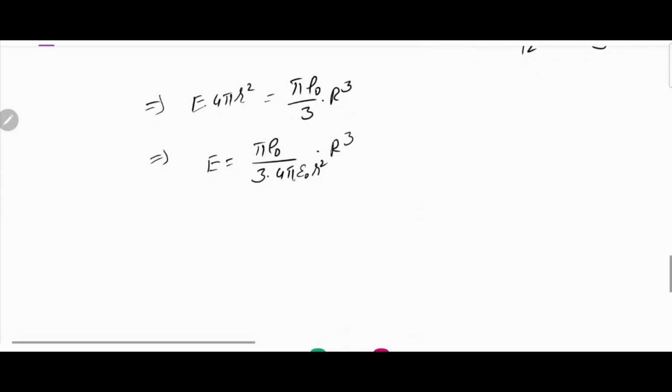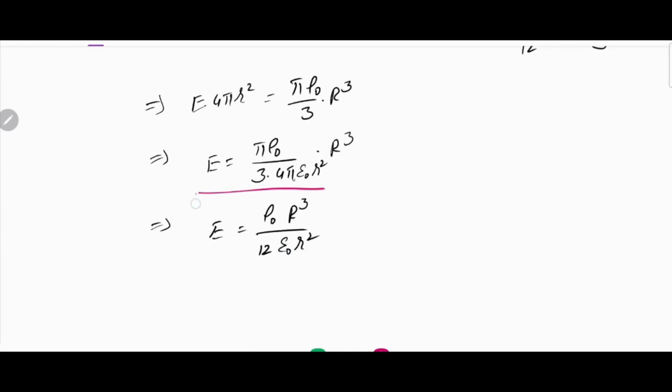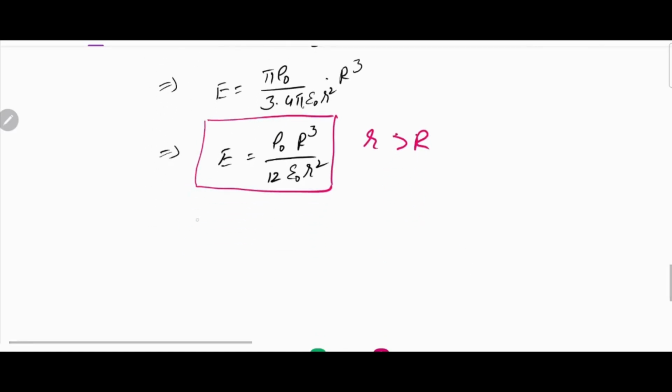If we simplify it and cancel some items, finally we will be left with E is equal to rho naught into capital R cube by 12 into epsilon naught r square. So this is the final expression for electric field outside the sphere, where small r is greater than capital R.